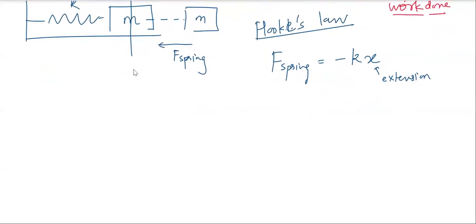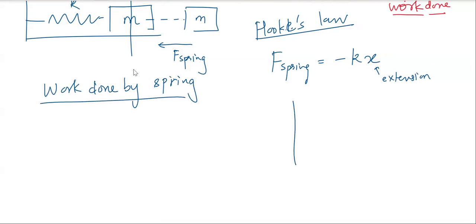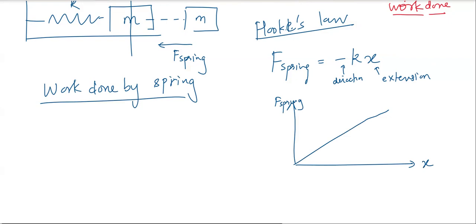Now what if I need to find how much work is done by the spring? If I plot this graph, the negative sign just represents the direction and does not contribute to the magnitude. So this graph will be a straight line if I plot F spring versus x, and the area of this graph from 0 to x will give me the work done.